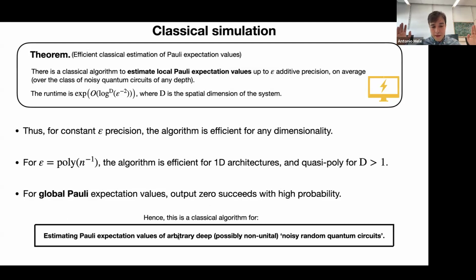It's not an algorithm to estimate the Pauli expectation value of any fixed circuit. We've also seen before that one can do fault-tolerant quantum computation if one engineers the circuit precisely, so we cannot expect to find a classical algorithm that simulates the worst case, not random, noisy quantum circuits with general noise like non-unital noise. So we introduced this average notion to avoid this problem.